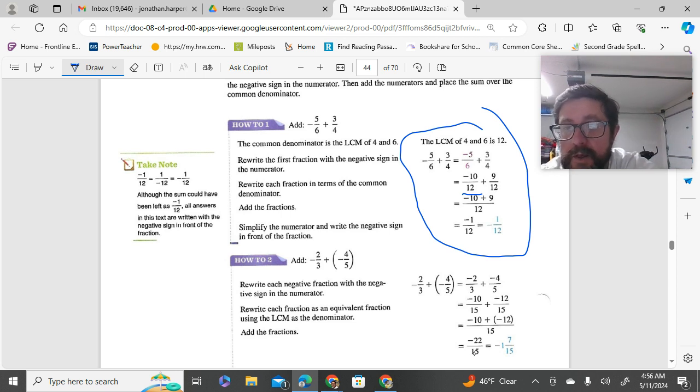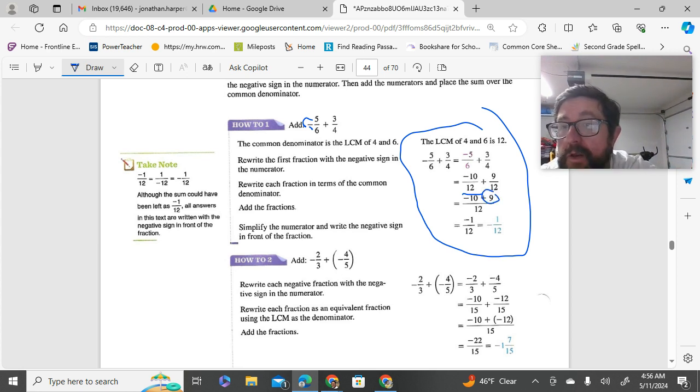Now they just put negative 10 because what they did was they just took the negative sign and put it up there, because it's going to be a negative number anyways. So negative 10. Now over here, you had to multiply the 4 by 3 to get it to go to 12. So you have to multiply the 3 by 3 as well, and it goes to 9 up here.